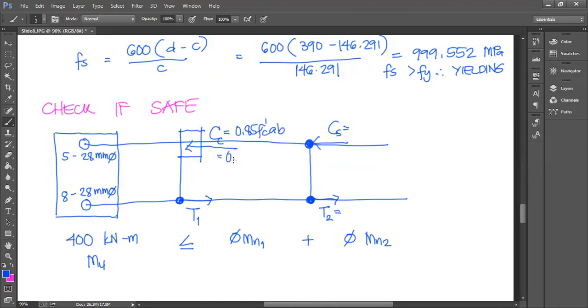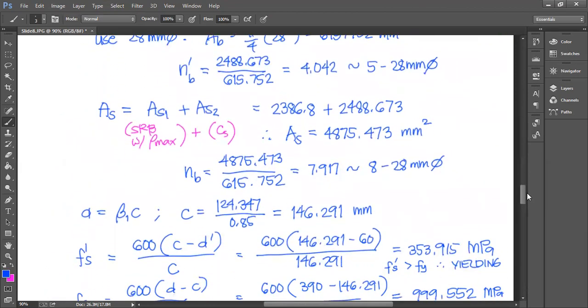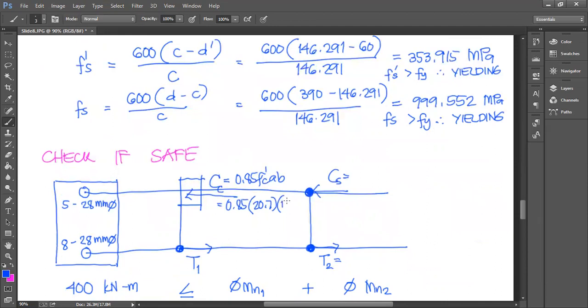Or, meron na tayong 0.85 multiplied by 20.7 multiplied by a na nakuha natin earlier na 124.347 multiplied by the base of 300 millimeters. Meron tayong 656,365.63 or 64.